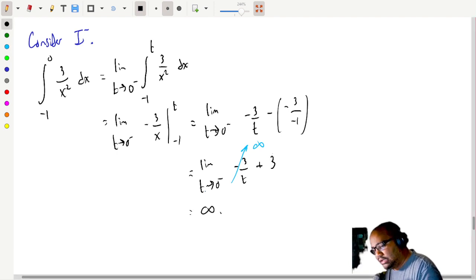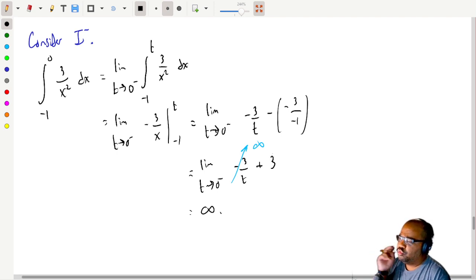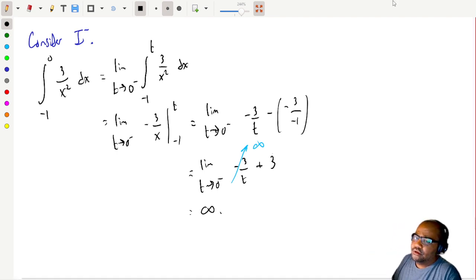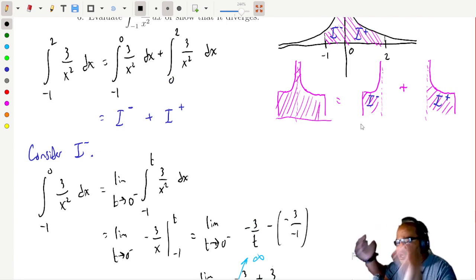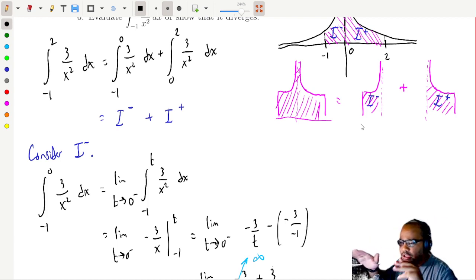But do we have to do the work for the other integral? No. If I know that one of these integrals does not converge, meaning if one of these gets much, much larger without bound, then I obviously can't control the entire thing. If I have one issue, that's it. And we're going to come back to that when we talk about sequences and series.